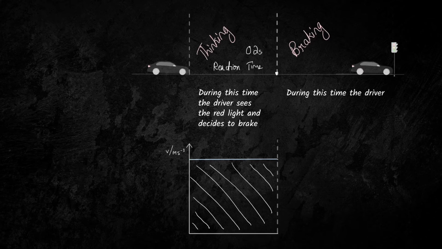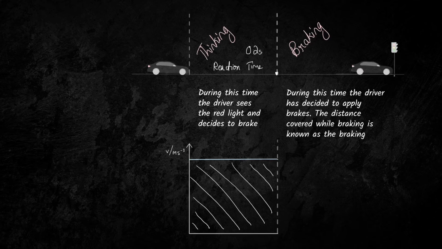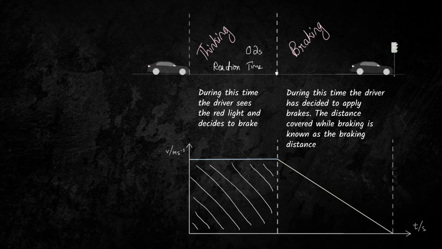The time a car takes to brake is known as braking time. The distance traveled while braking is known as the braking distance. Again, you have a velocity time graph, and the distance or the displacement during this time can again be easily figured out using area under the graph. So I hope that this makes it clear.